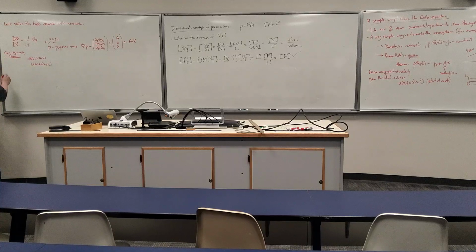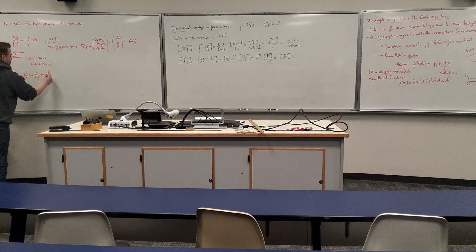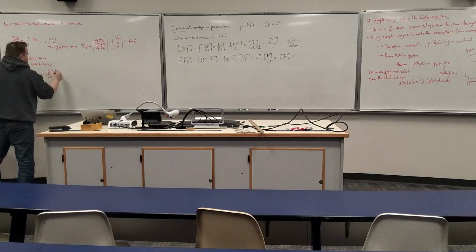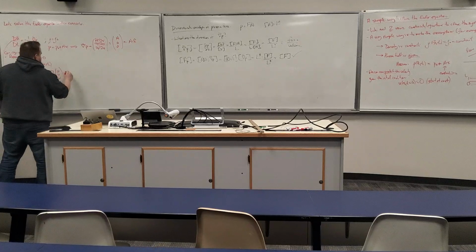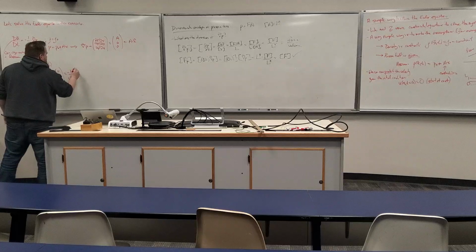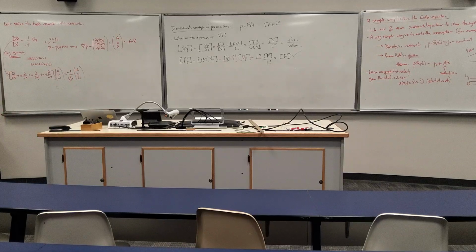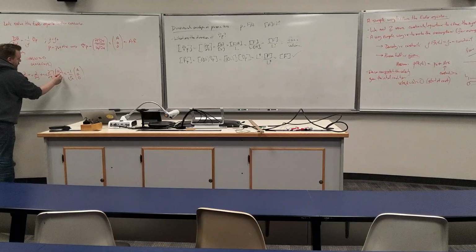So we have here our material derivative. We have partial by partial t plus u partial by partial x plus v partial by partial y plus w partial by partial z acting on the vector u, v, w equals minus 1 over rho naught times the vector A, 0, 0. That's our pressure gradient. And we've made this assumption that v and w are both 0, so we can cross those out.